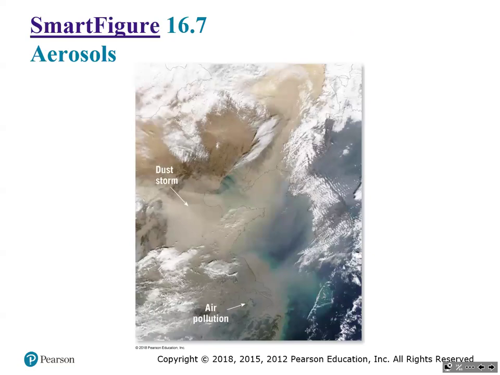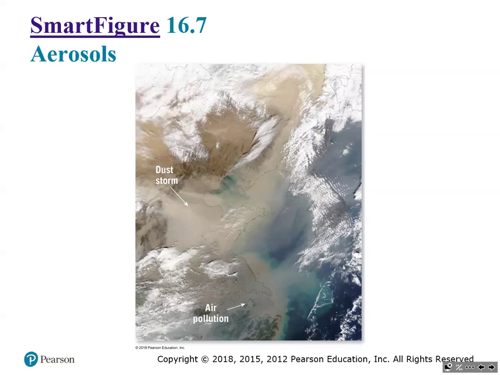So here are some examples of aerosols. They can have very important effects. Here's a dust storm being thrown up. Down here is air pollution. Turns out a lot of the rain in the Amazon rainforest, in a really bizarre sequence of events, is part of a process that involves sand being blown across the Atlantic Ocean from the Sahara.